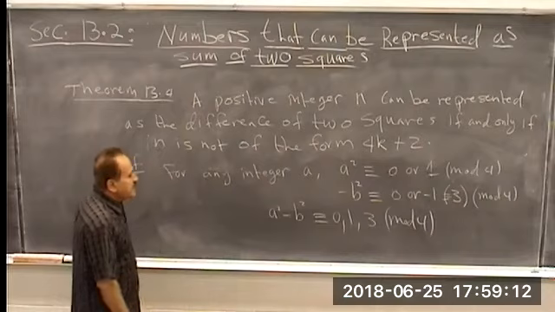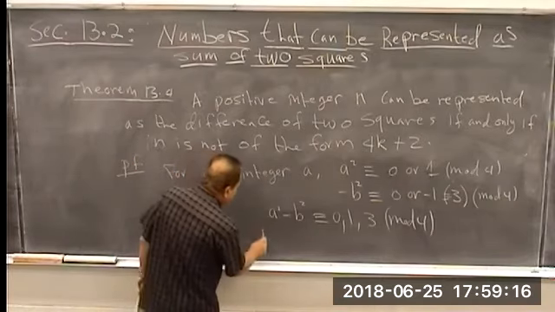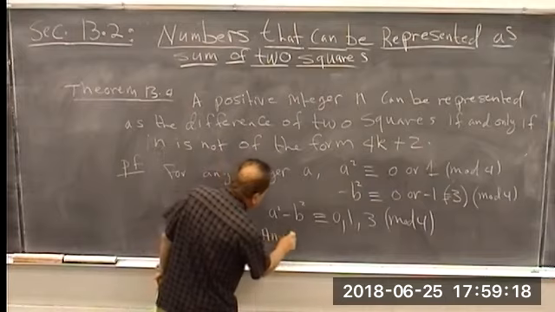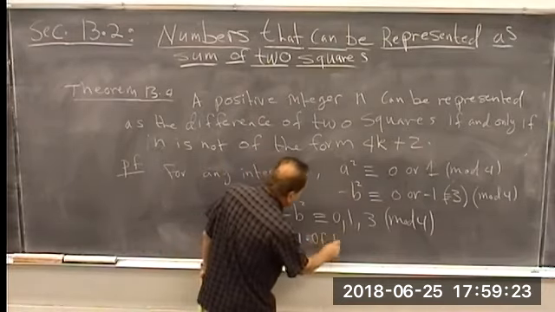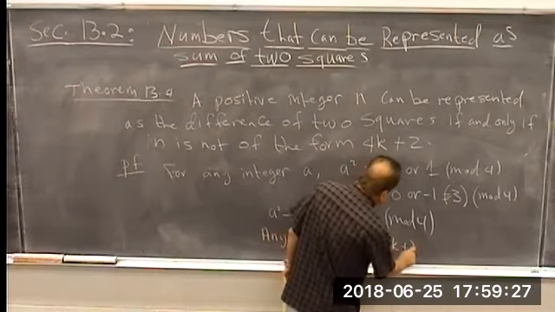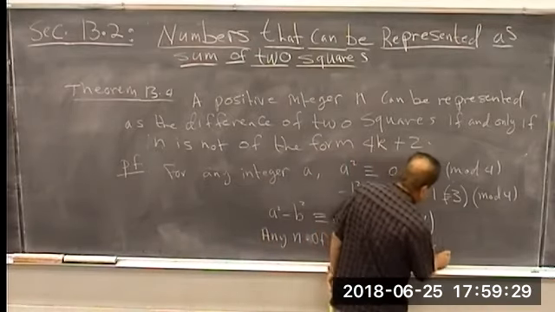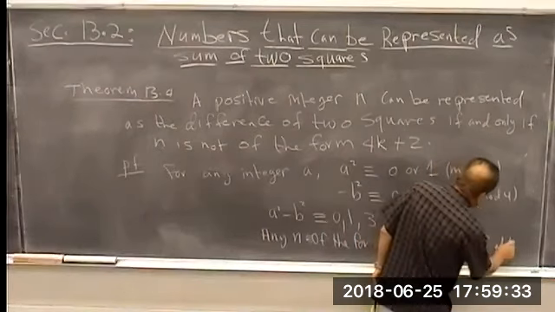So none of these is 2 mod 4, which means that any n of the form 4k plus 2 is not a difference of two squares.